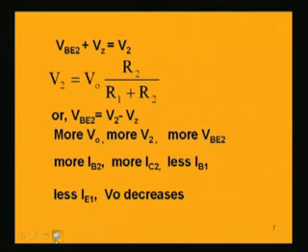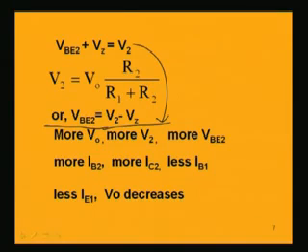V2 is nothing but the voltage available across the resistance R2, which is V0 into R2 by R1 plus R2. So we can simplify by writing VBE2 equal to V2 minus Vz. Now imagine that V0 is increasing because of supply variation in the input supply.